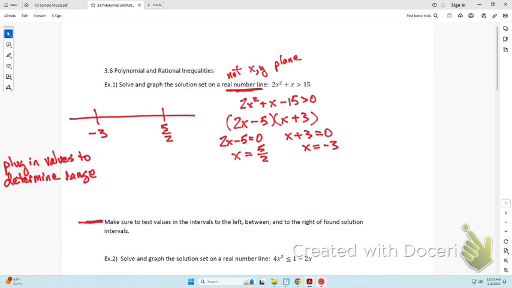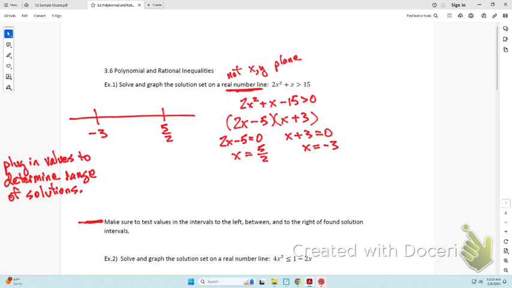range of solutions. In other words, let me get a different color. Is our answer here? Or is it here? Or is it here? Or maybe it's both here and here. Usually it's either both on the outside or just on the inside.